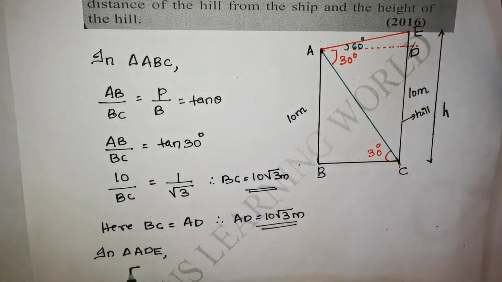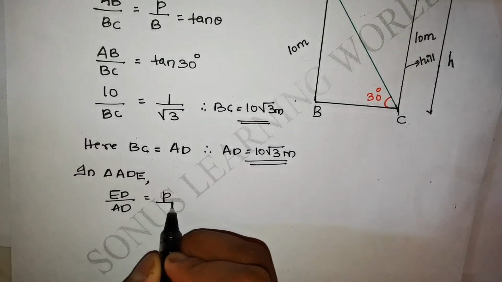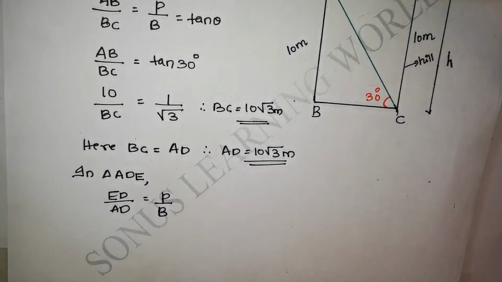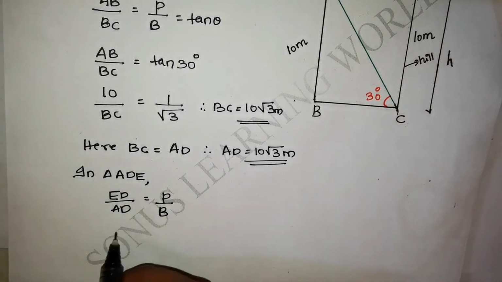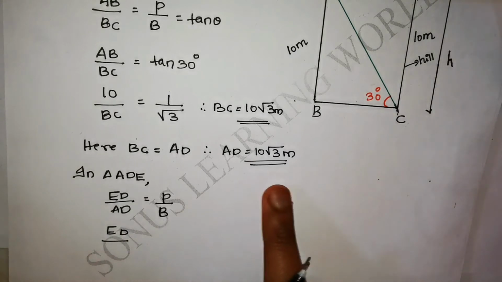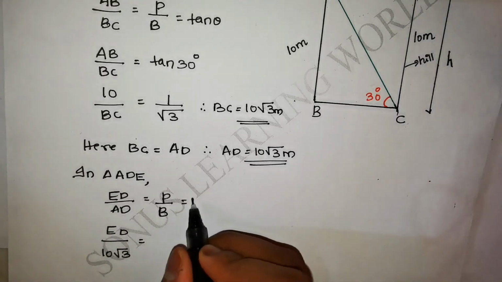ED by AD is equal to what? Perpendicular by base. So ED by, what is AD, students? AD is 10 root 3. ED by 10 root 3 is equal to P by B is what?